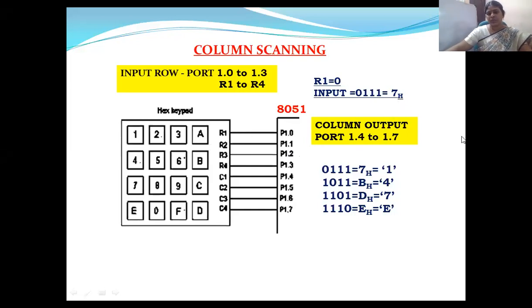Now coming to the column. This is my column. Now you analyze which column you are going to press. First row has been selected, so what will be your option?